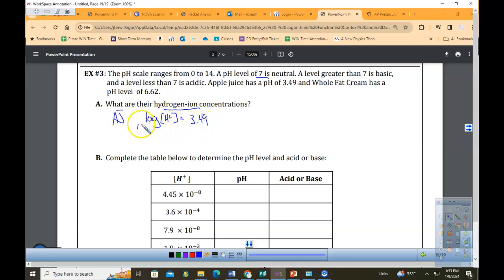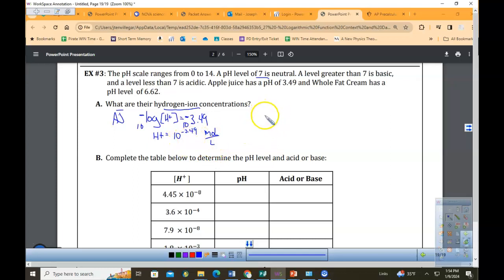So to get rid of log, I take both as a power of 10. Or negative, that's a negative. So my H plus is going to be 10 to the negative 3.49. Sorry, I copied down the equation wrong. Ta-da! And that's moles per liter.